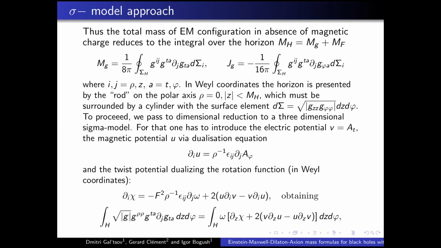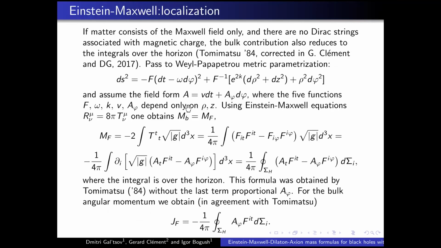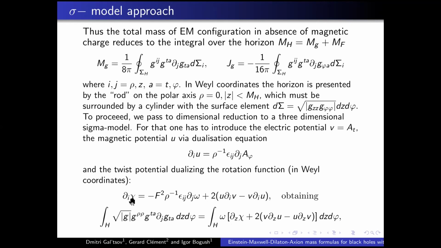So Tomimatsu used the Ernst potential. It is not necessary, it is just the magnetic potential, which is produced by dualizing the A phi component of the vector potential. Now, also dualization of omega, the rotation, to the twist potential. It is something like that. In the presence of Maxwell fields, there is an additional term here, and this is two-dimensional notation. Here I is rho and z.